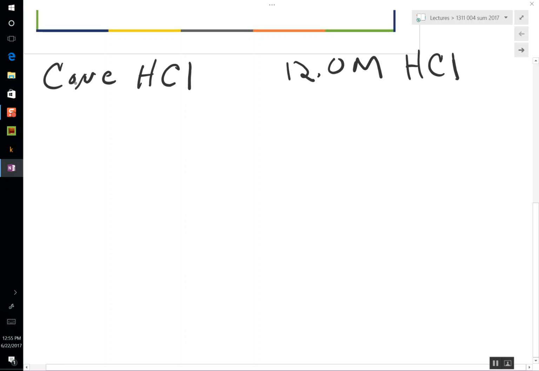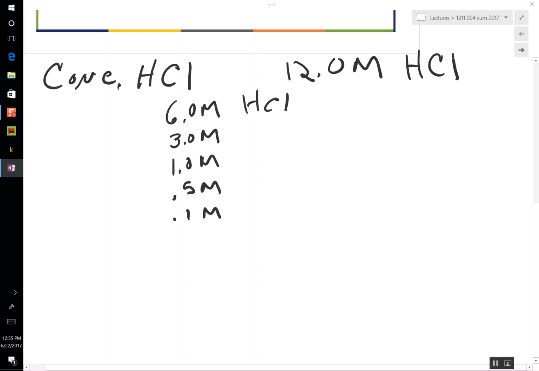We get a bottle, maybe a 2-liter bottle, and we make any solution of HCl we want from it. We can make 6 molar, 3 molar, 1 molar, 0.5 molar, 0.1 molar.